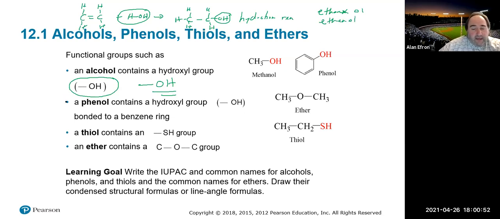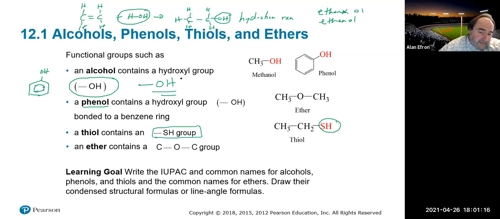We just saw phenol, and a phenol is basically a benzene ring that has a hydroxyl group. Remember that it is the benzene ring that has that OH group, or if you want to draw the circle in there, you can as well. A thiol contains the SH group, so a sulfur-containing group.